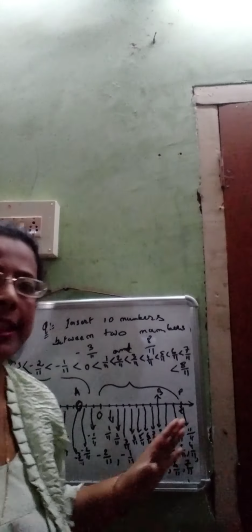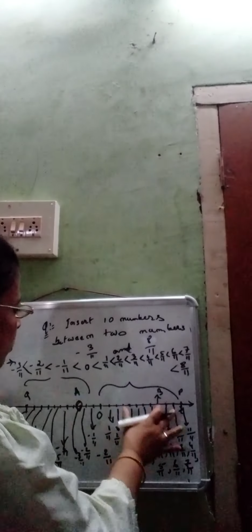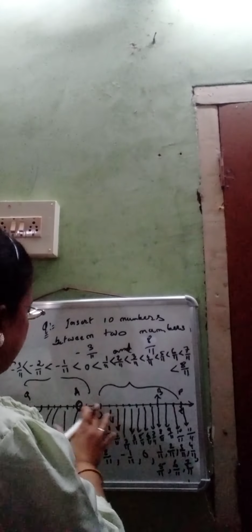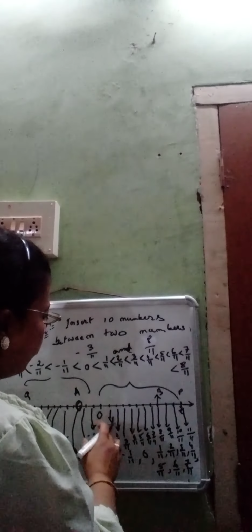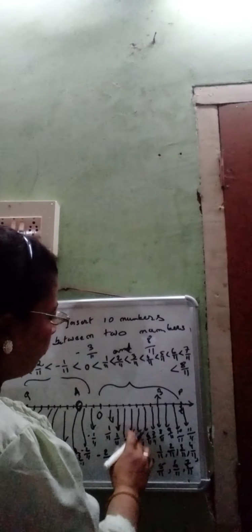Again I want to explain: first of all we drew the line, then we divided both sides into 11 equal points, because the denominators are 11 in both cases. Each point represents 1 by 11, 2 by 11, 3 by 11, 4 by 11, and so on up to 11 by 11.